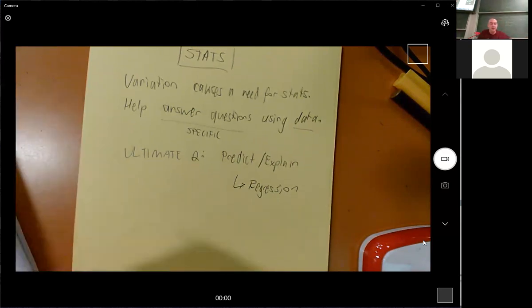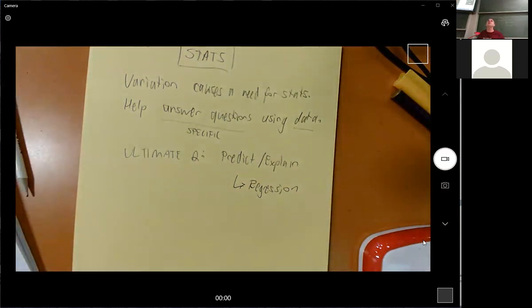I noticed that the amount of sleep a student gets per week seems to be related to their grade. How is that related? Can I, from the amount of sleep, do a calculation to predict what their grade might be, or at least to within a certain amount? Can I predict how much an extra hour of sleep per day will have on their grade? That's the sort of thing that regression is for.